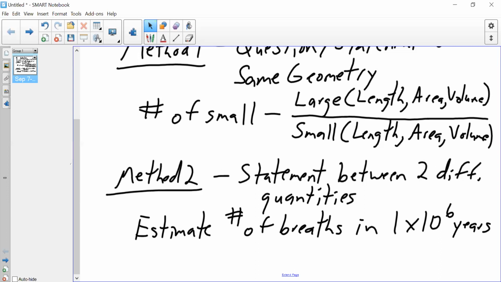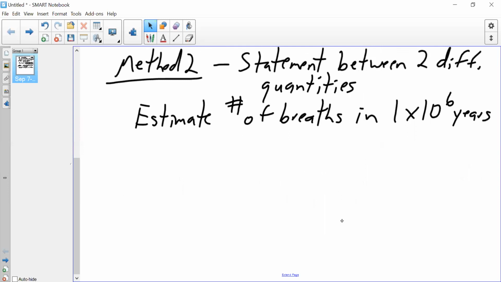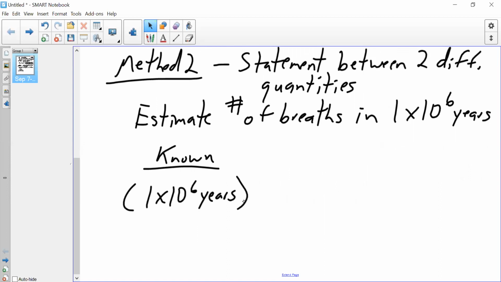So just to show that again, we have a known quantity, which is 1 million years. And then we're going to go from known to a reasonable assumption by way of successive conversion factors.